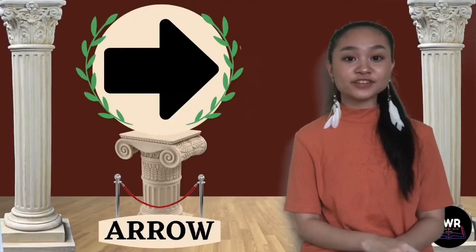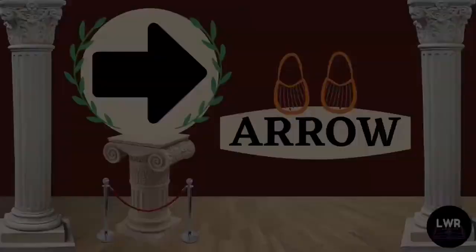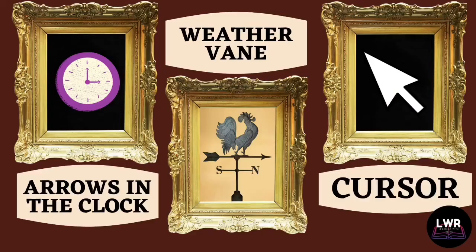Lastly, we have an arrow, which is used to indicate a direction. An arrow is a wedge at one end and a triangle at another. The arrows in the clock, weather vane, and cursor are some examples of an arrow shape.